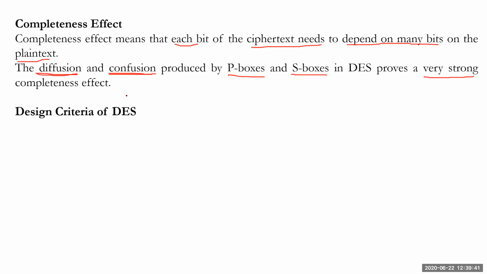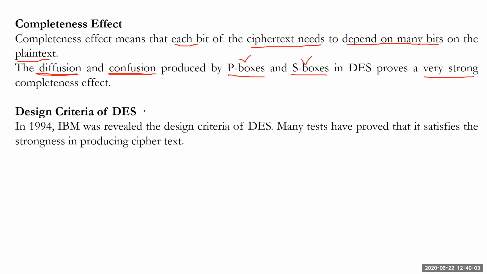And what are the design criteria? We have to consider them for DES. In designing DES, many P boxes, many S boxes, and exclusive OR operations of several bits have been taken into consideration. These are most of the operations that happen in DES.